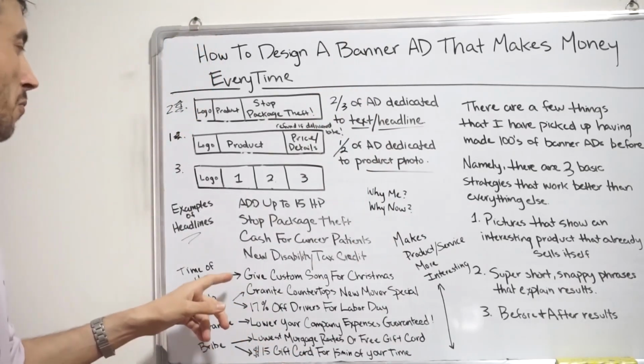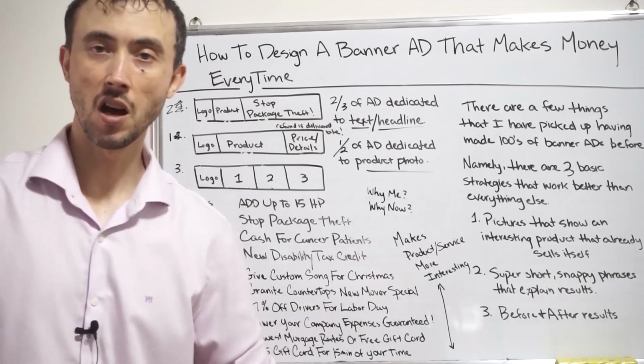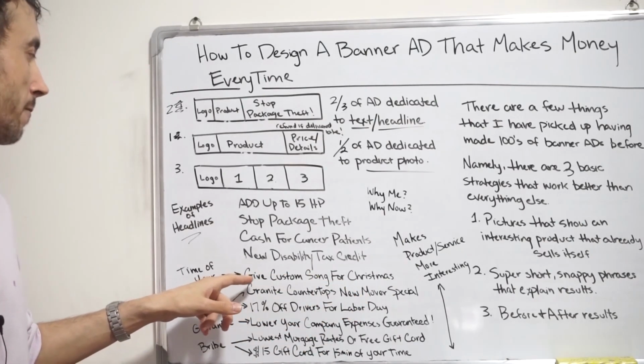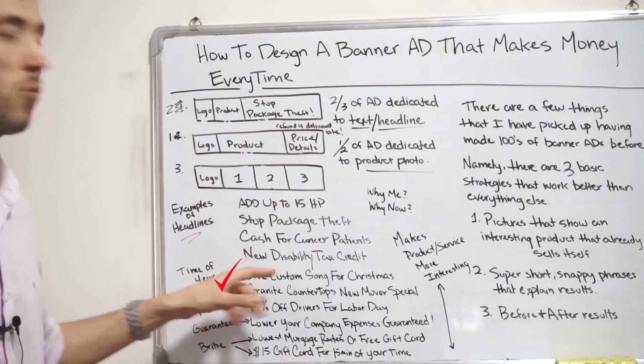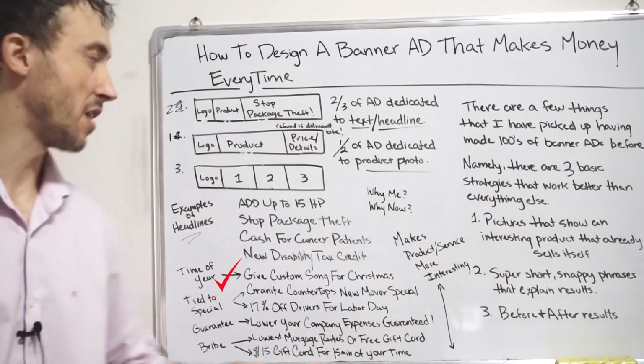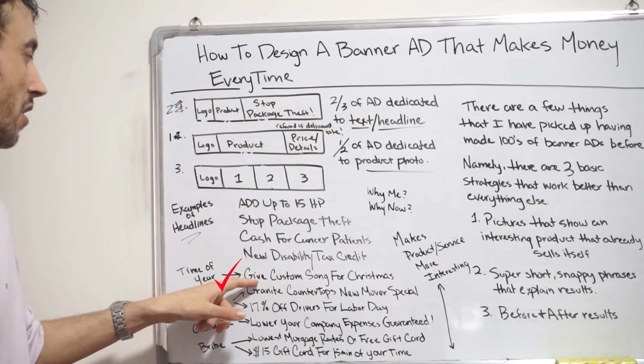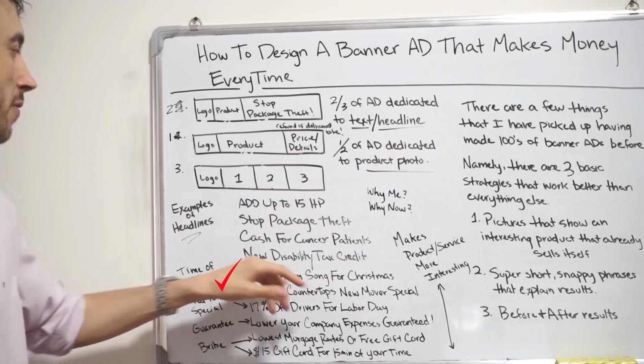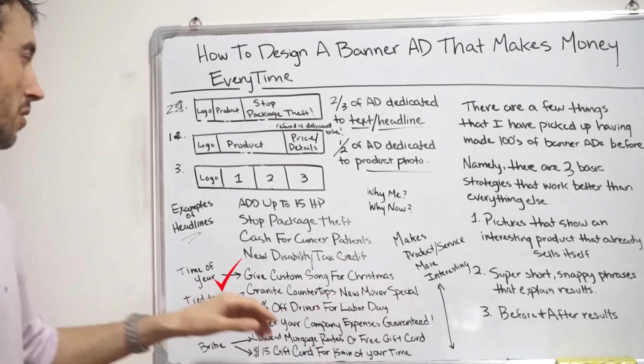Let's say we had a custom song company that we work with that makes custom songs for people. One way to make this offer stand out for a banner campaign was to say, give custom songs for Christmas.